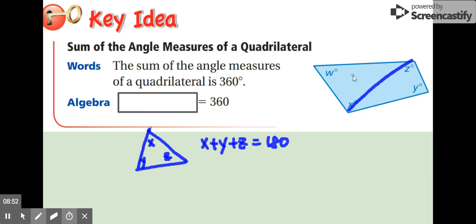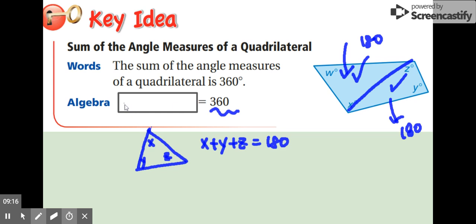We have 1 and 2. What was the angle sum of each triangle? 180, 180. So the sum of angle measures of a quadrilateral, because a quadrilateral has two triangles in it, is 180 times 2, 360. Am I correct?